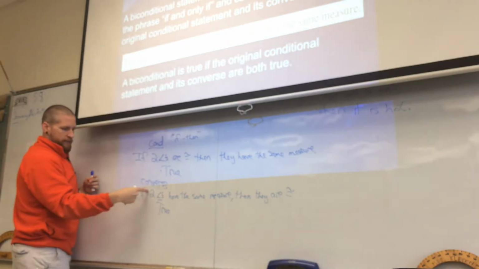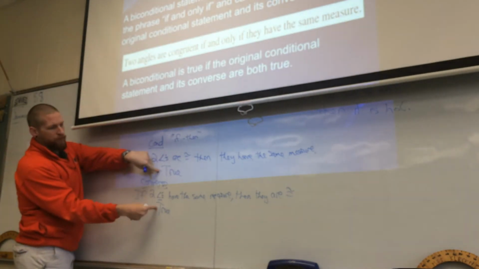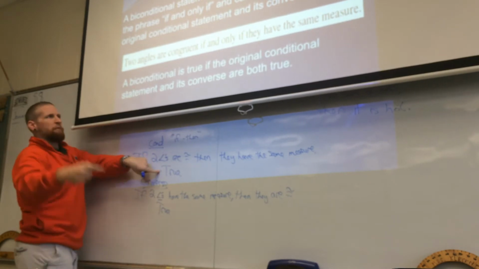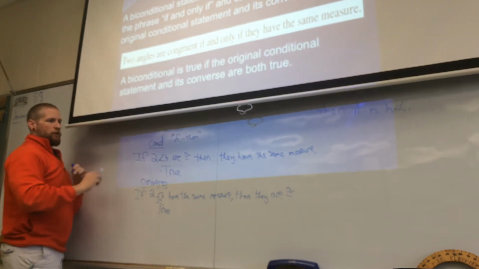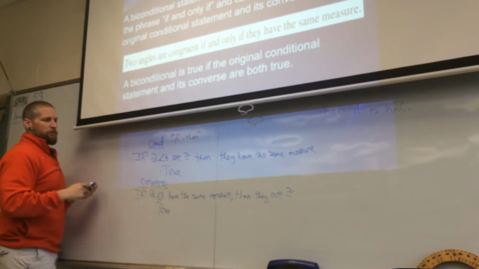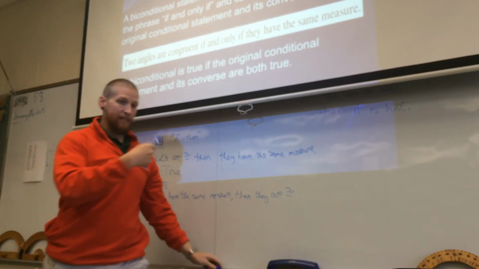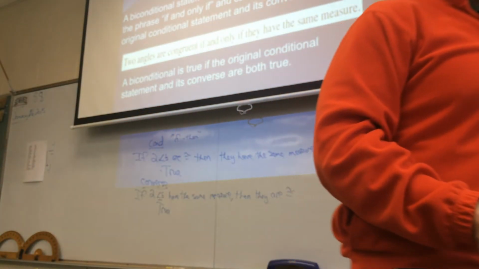Once you get that true, you write the converse. Once we decide that's true, then we say, since both of these things are true, that is a true biconditional. That would be the whole problem. So if the question was, is that a true biconditional, it would be yes. But to make it more of a problem, I'd say you need to show all of that work that's up there.